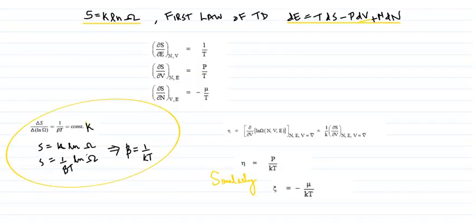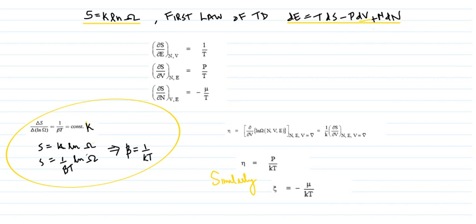Now, with the help of this equation from Boltzmann, that is S equal to k ln omega, and the first law of thermodynamics, that is dE is equal to T dS minus P dV plus mu dN, where mu is the chemical potential, you can differentiate partially this equation under some conditions.